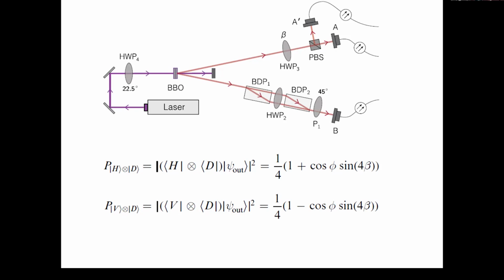By changing something on this arm, you can change the visibility of the fringes seen on the other arm. This is non-locality. You're doing some manipulation on either arm, and something far away is changing the outcome, without any physical interaction. That physical interaction happened in the past at the BBO crystal, creating entangled photons.